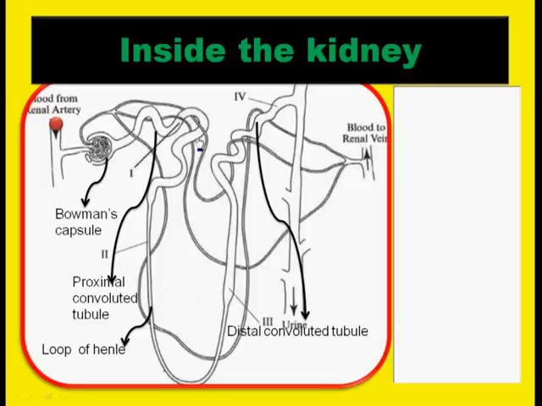Let's notice now what happens right here. Good. Now, what happens is that the blood enters a region in the kidney called the glomerulus. Good. This region right here is called the glomerulus.